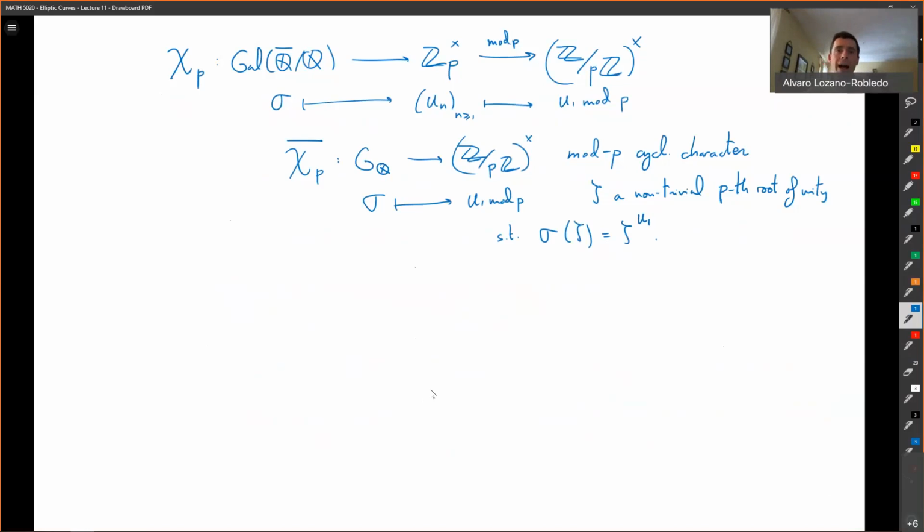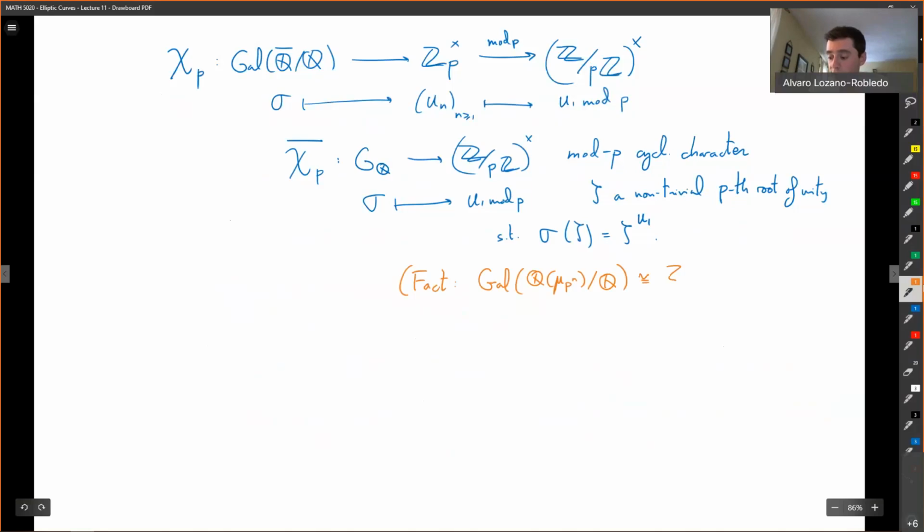The fact that it has to be a power of zeta is some fact in algebraic number theory, which is that the Galois group of the field generated by the p^n-th roots of unity is actually (Z mod p^n Z) cross. And all the automorphisms of the Galois group are induced by what power a root of unity is sent to.